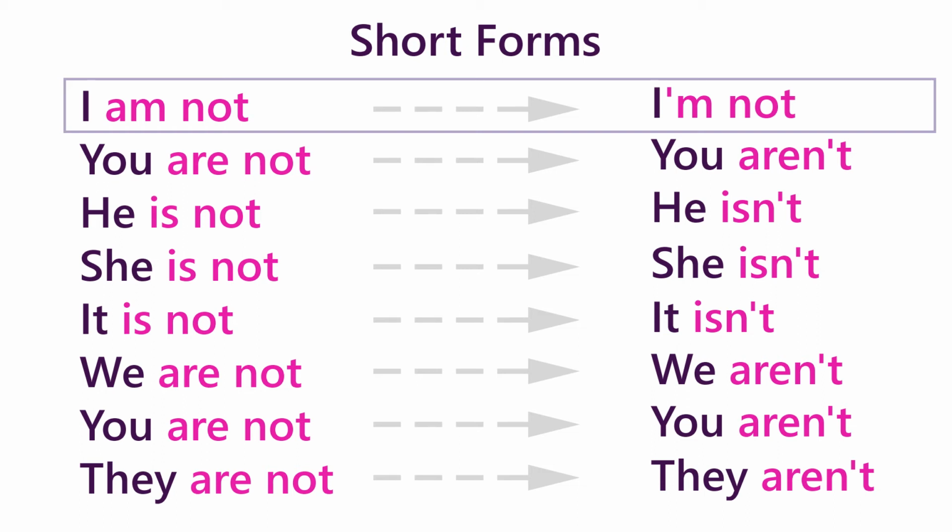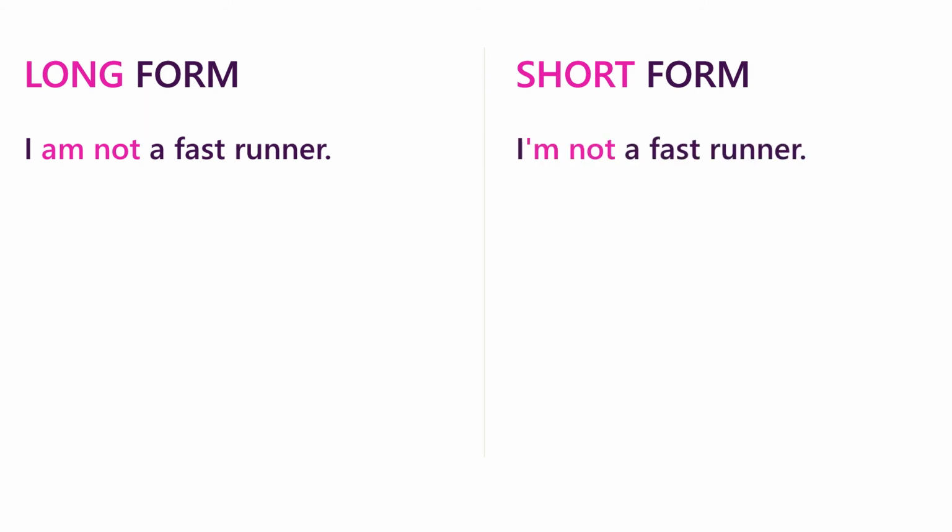Here are some more examples of the verb to be negative form as the main verb in a sentence. I am not a fast runner. I'm not a fast runner. You are not last in the race.